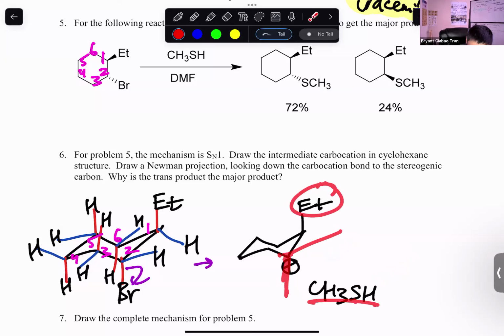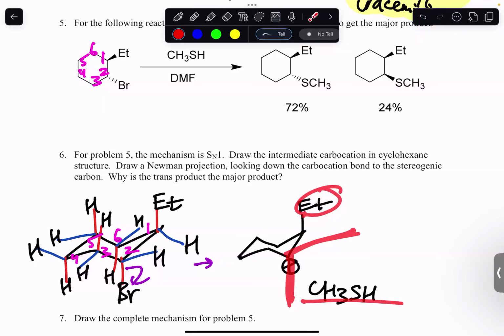So that's why when the CH3SH attacks this flat carbon right here, there's a preference on where it attacks. It could attack to where like the axial bond is going down or going up the same direction as the Et. Which direction do you think the CH3SH is going to prefer to go to? This axial bond or this equatorial bond to avoid steric hindrance?